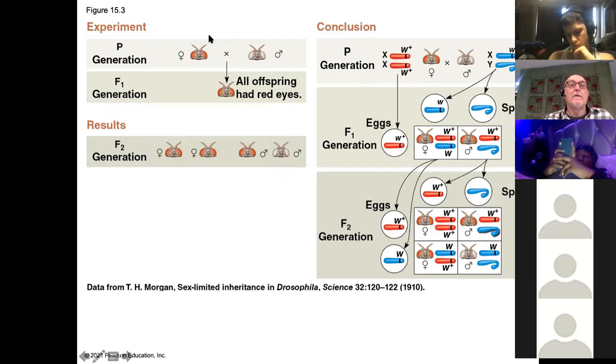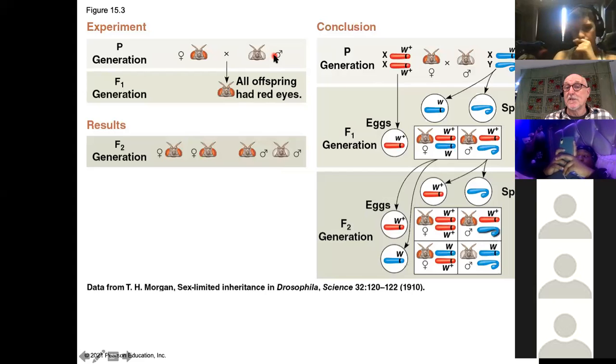Here's our female. Here she is. She's pure breeding, and she's got red eyes, W+, never mind why it's W. It just is. She's got the red eye character, W+. Here's the male. He's white-eyed.